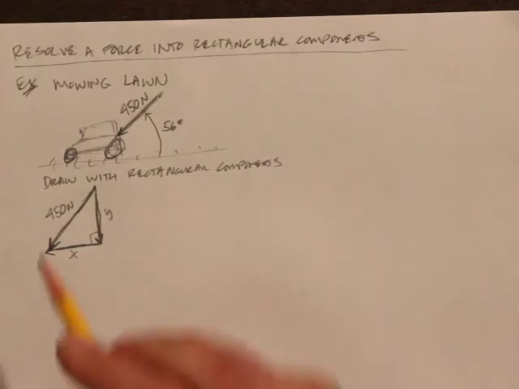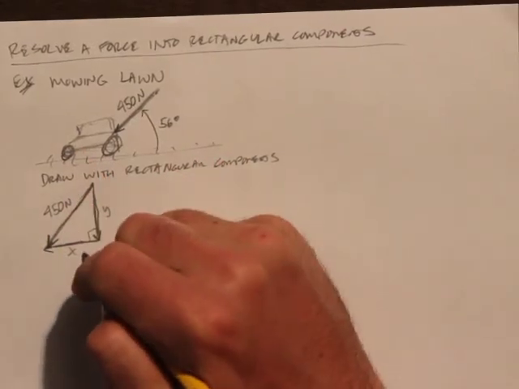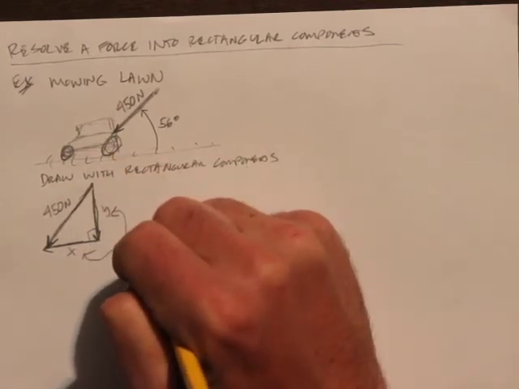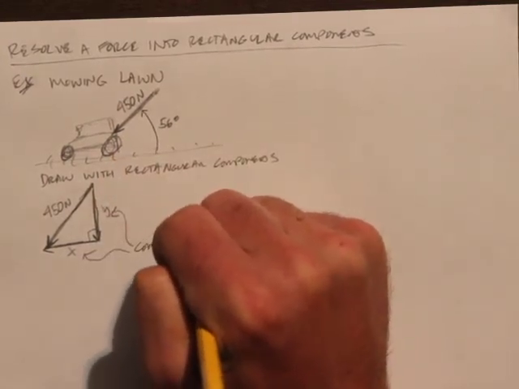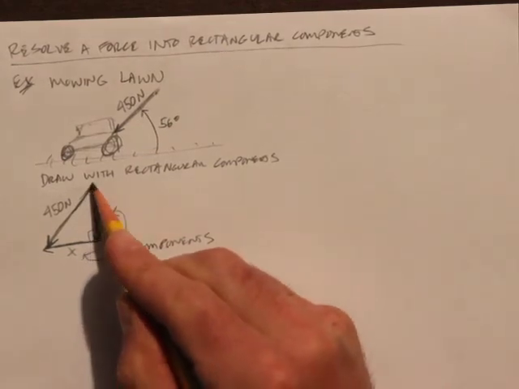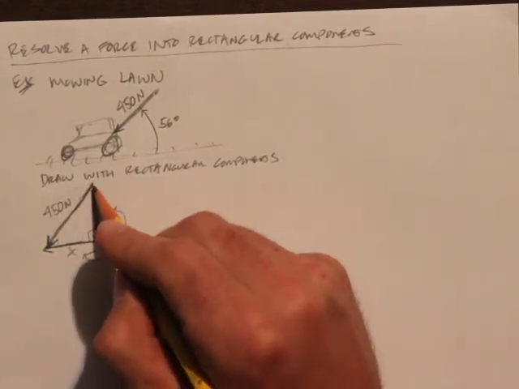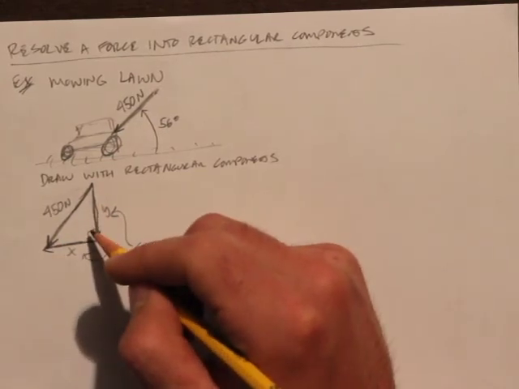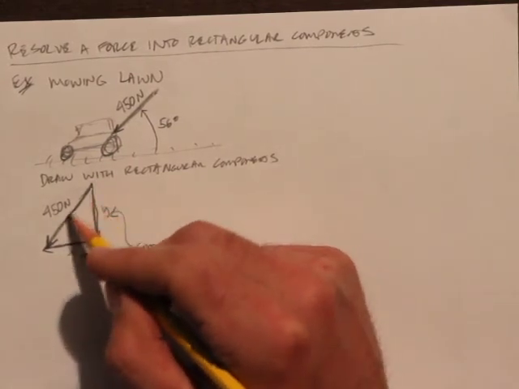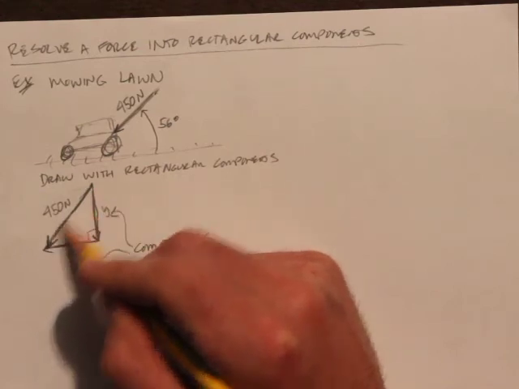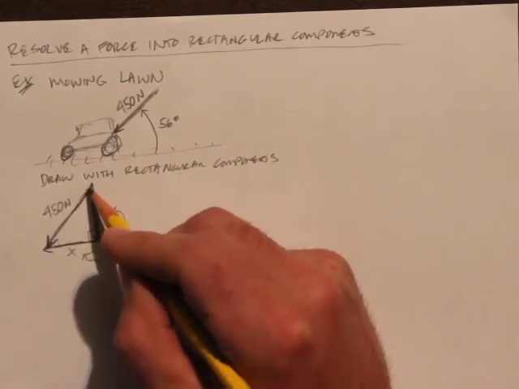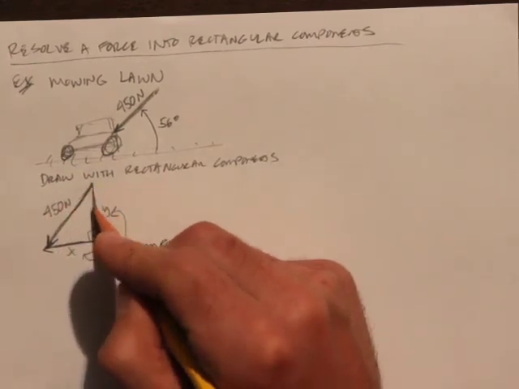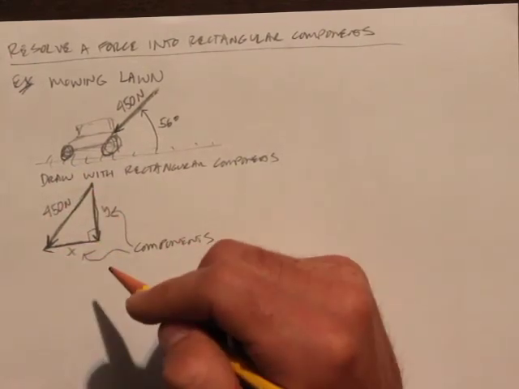So these are the components, X and Y. Notice we have an angle, and the components are just vertical and horizontal. That's how we're breaking this diagonal vector down into vertical and horizontal components.